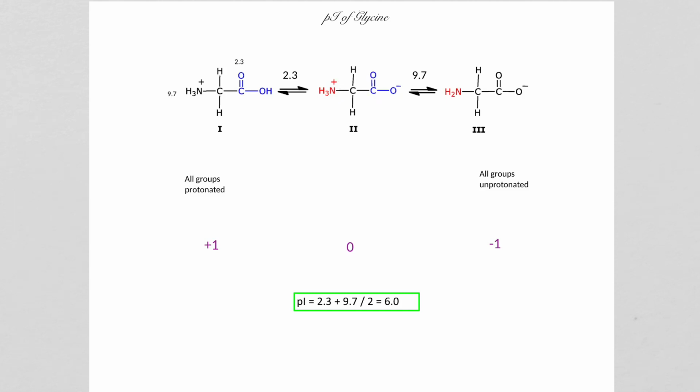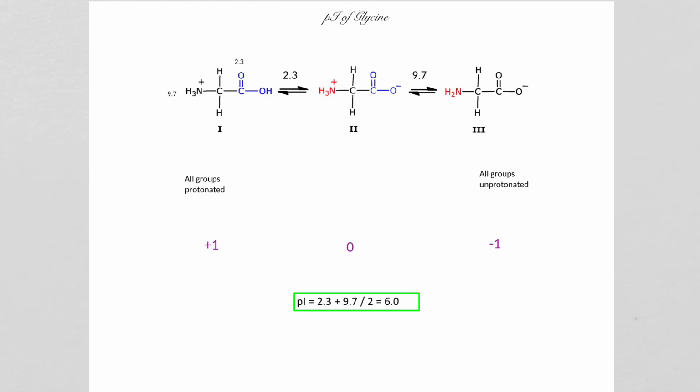So in case of glycine that has two pKs, all we have to do to determine the isoelectric point or pI of glycine is to take the average of these two pKs, 2.3 plus 9.7, divided by 2, that gives you an isoelectric point of 6.0.